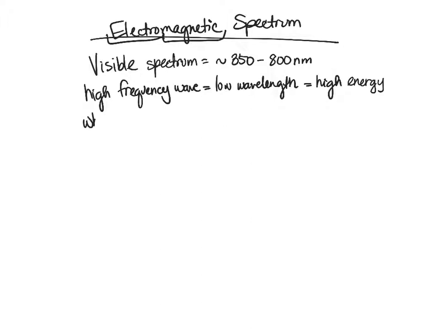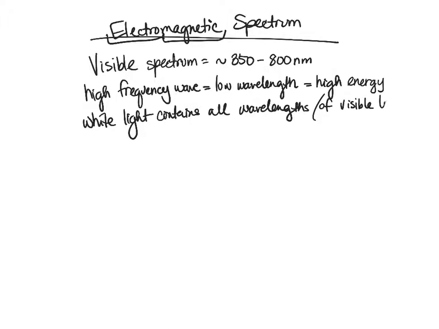White light contains all wavelengths of visible light. So the light coming from the sun looks white. It's our white light. It contains all the wavelengths, and it's not until it interacts with something that we get those different colors.